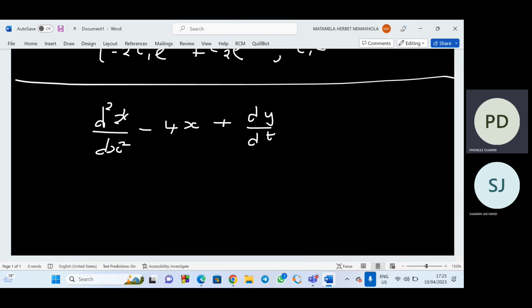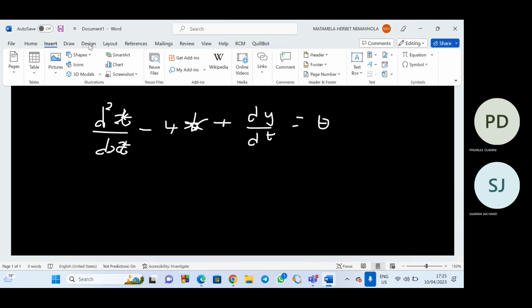Sorry, this is not x here, we must change it to t, and change the others to x. Then we also have maybe another question. This is equal to 0. Let me just erase this part here.